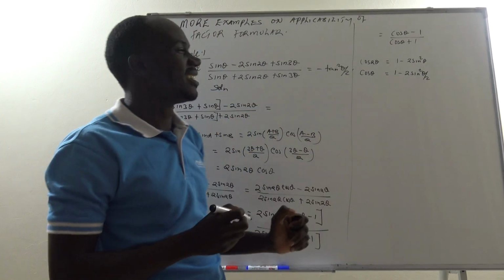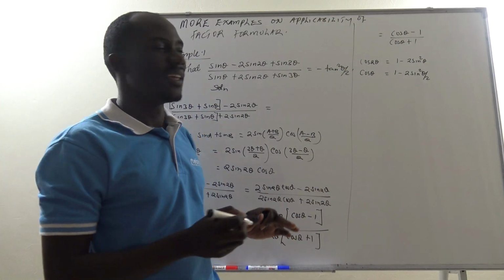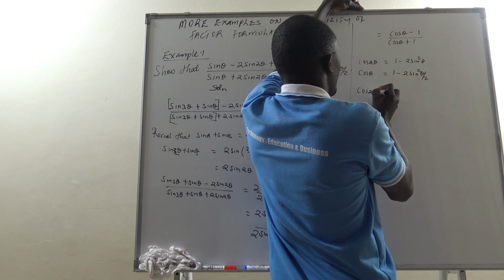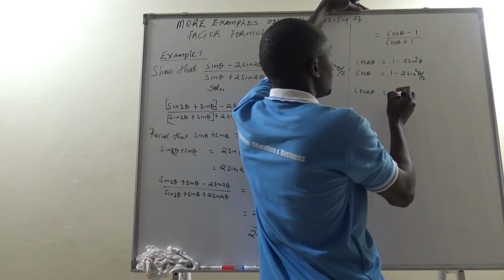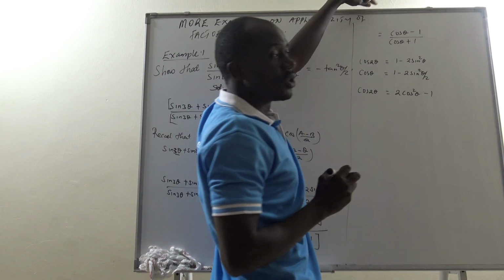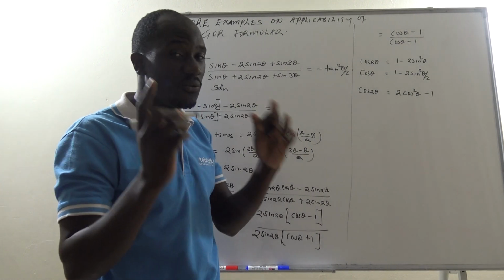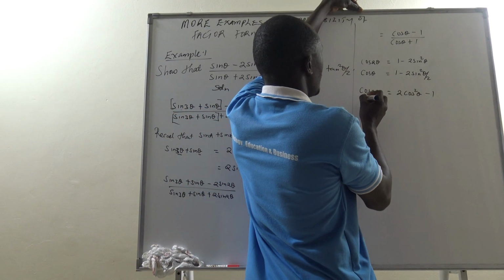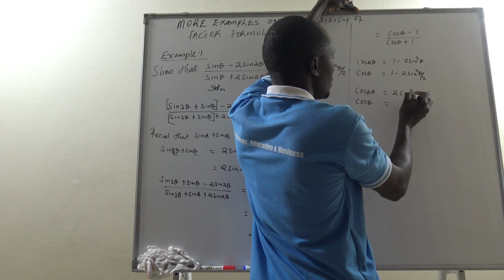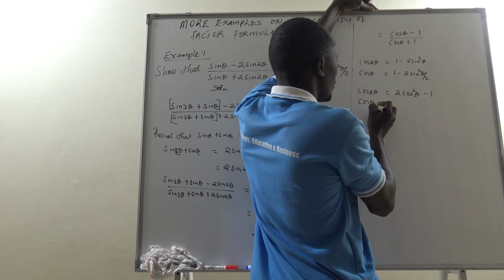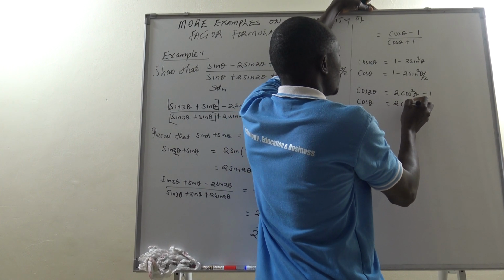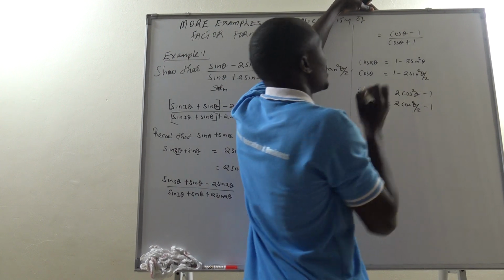Also, cos 2 theta in terms of cos was 2 cos squared theta minus 1, which we derived in the previous videos. So cos theta is 2 cos squared theta by 2 minus 1.